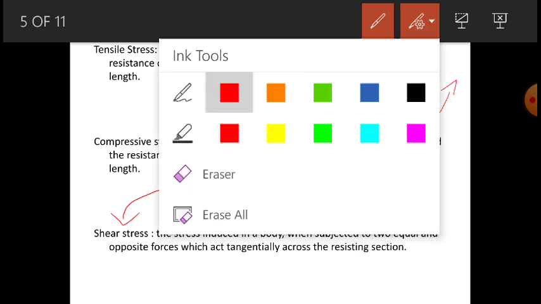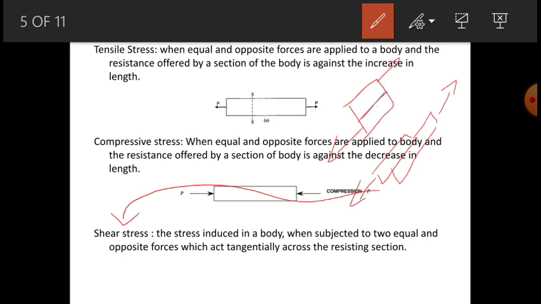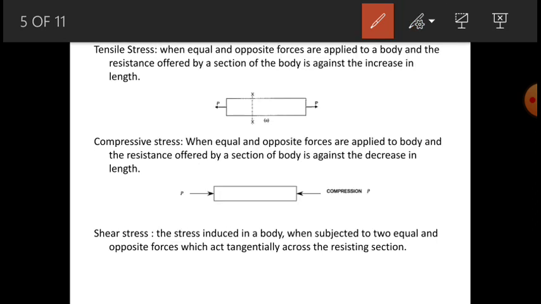This is your resistance section. Whatever resistance is offered by the resistance section to this tangential force is called shear stress.